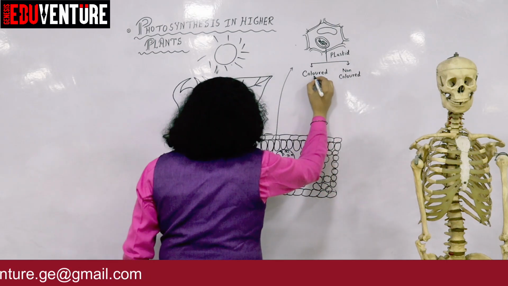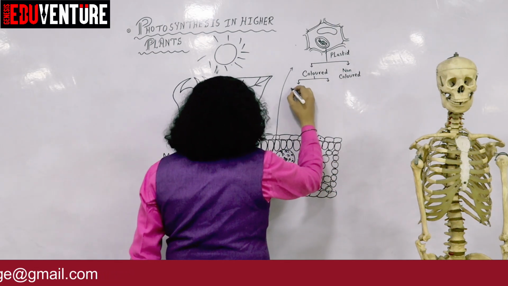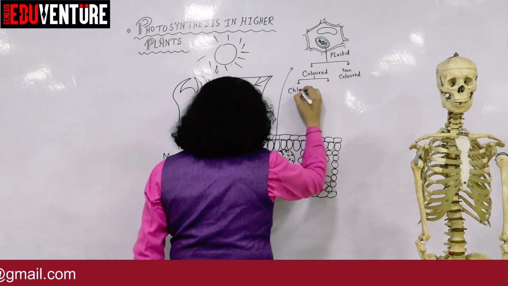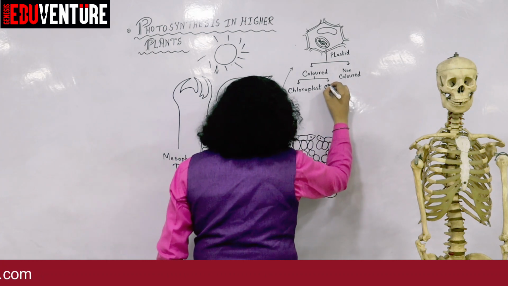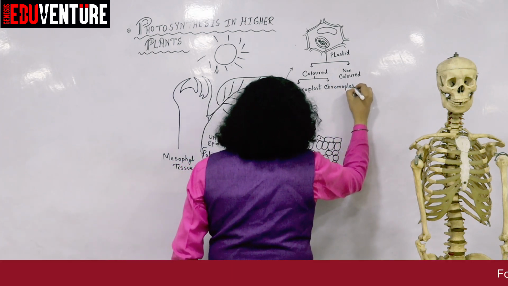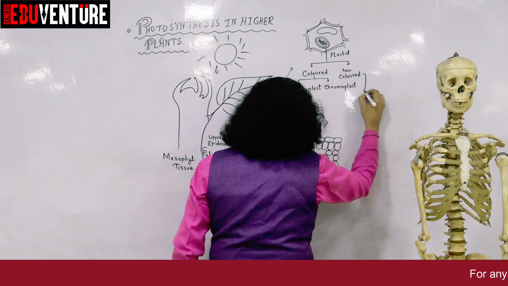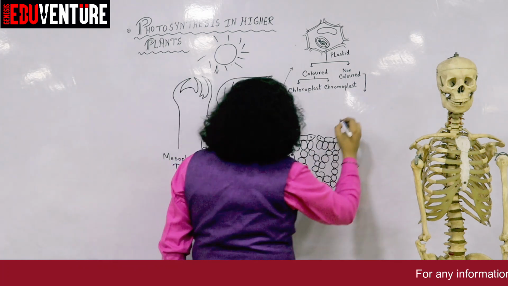So this colored plastid involves again two types or categories. One is the chloroplast and another one is chromoplast. While the non-colored plastid, which is found to be present in the root, they are the leucoplast.